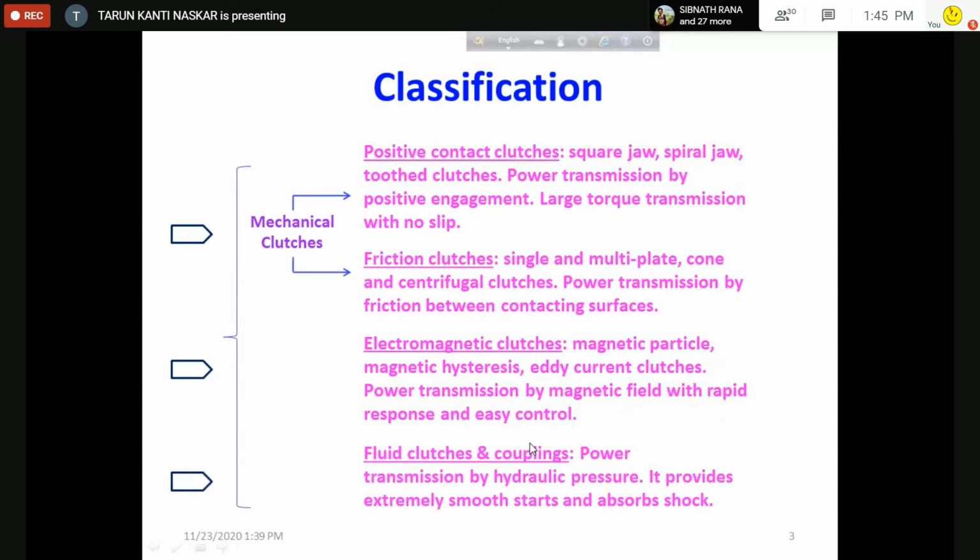And fluid clutches and couplings: power transmission by hydraulic pressure. It provides extremely smooth starts and absorbs shocks. We will concentrate on friction clutches only, that means the second type of mechanical clutch. So these are the basic types of clutches.